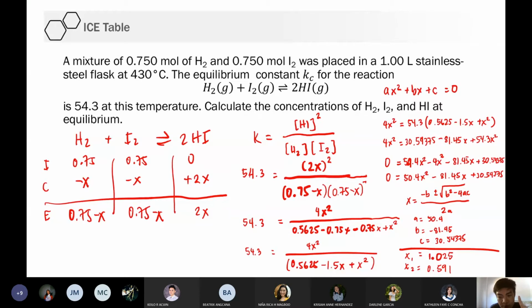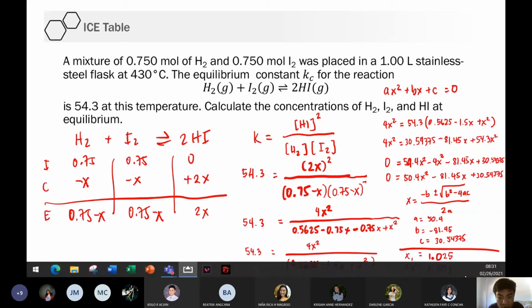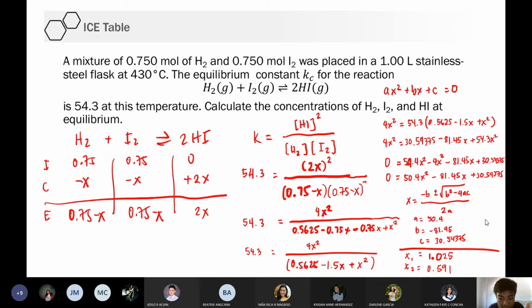Number one, it must be positive. Sometimes we will get negative roots from our quadratic equation. So when you get a negative x value, discard it. Use the positive value. However, in our case, we have two positive values. So among those two, only one must be used.